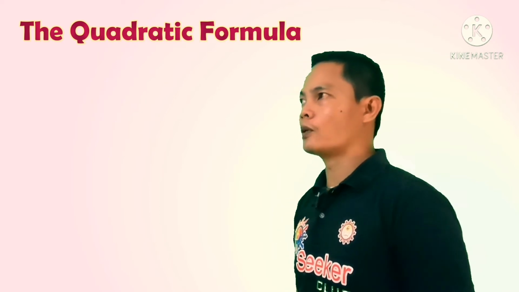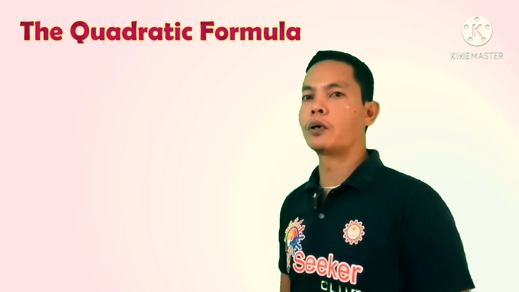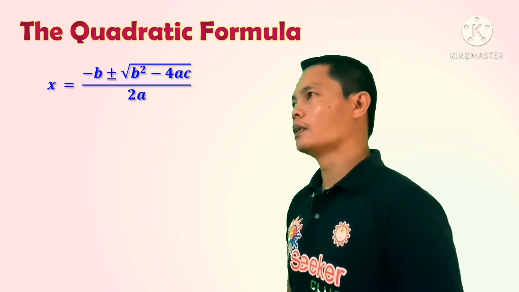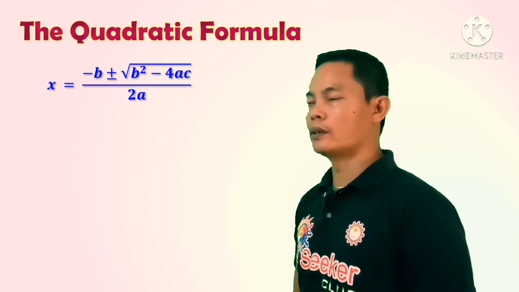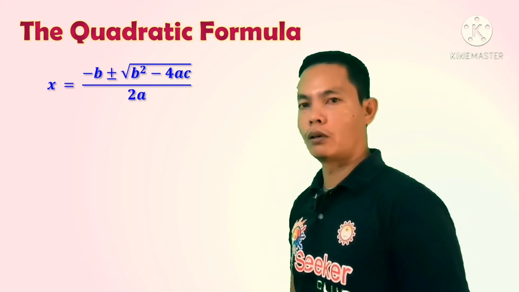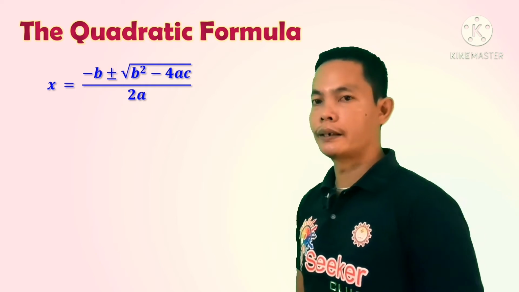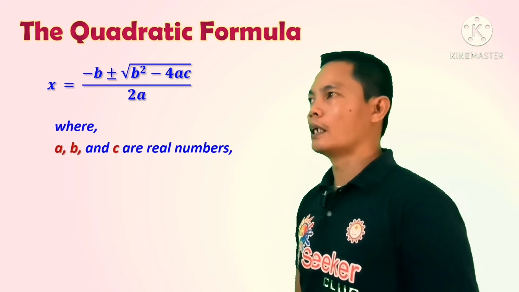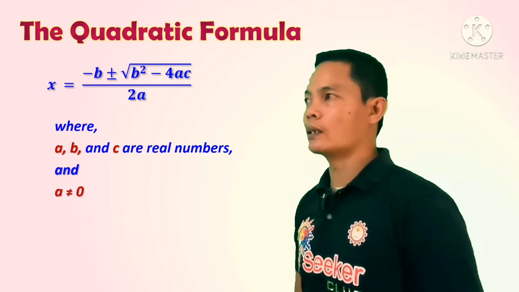So the quadratic formula is defined in a form of x equals to negative b plus or minus square root of b squared minus 4ac all over 2a, where a, b, and c are real numbers and a should not be equals to 0.